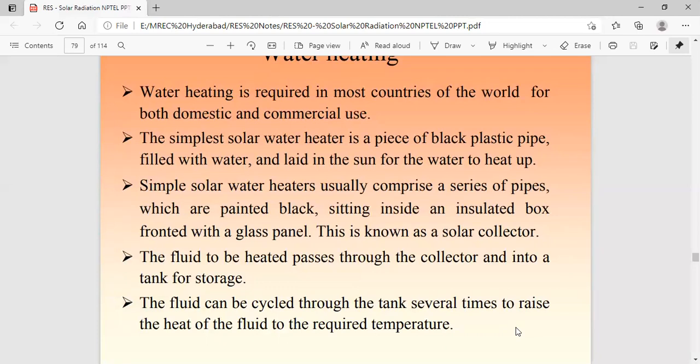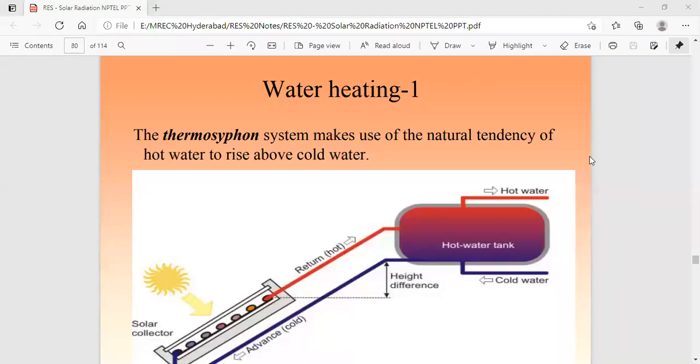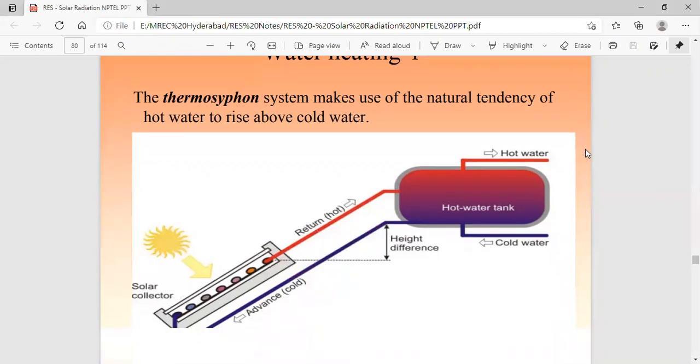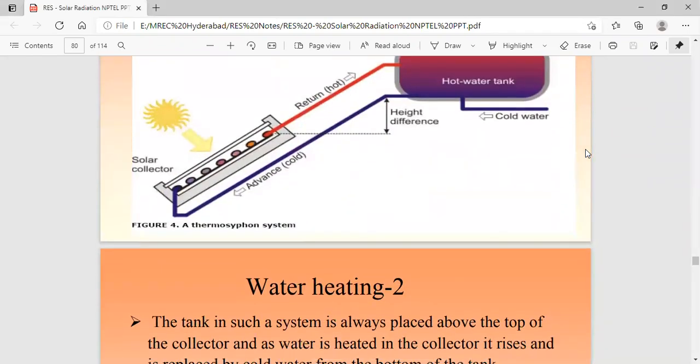The fluid to be heated passes through the collector and into a tank for storage. The fluid can be cycled through the tank several times to raise the heat of the fluid to the required temperature. This is the diagram shown in the figure of the water heating system. The thermosiphon system makes use of the natural tendency of hot water to rise above cold water.